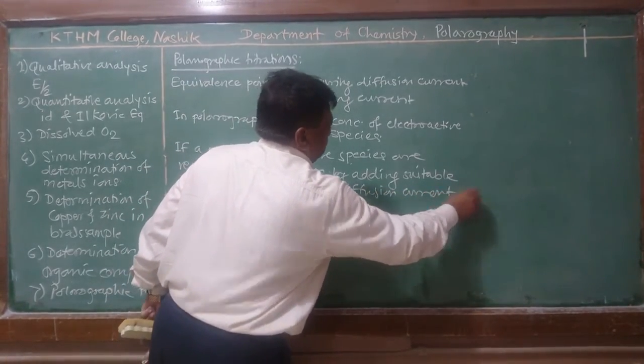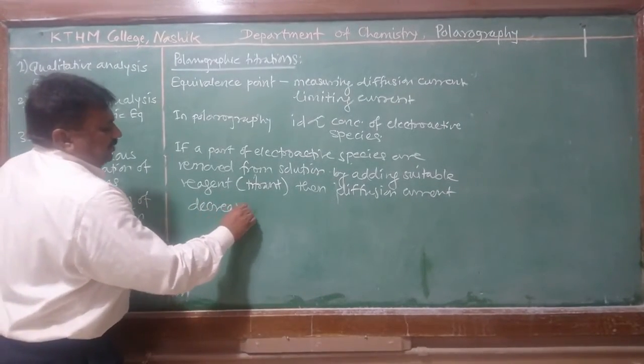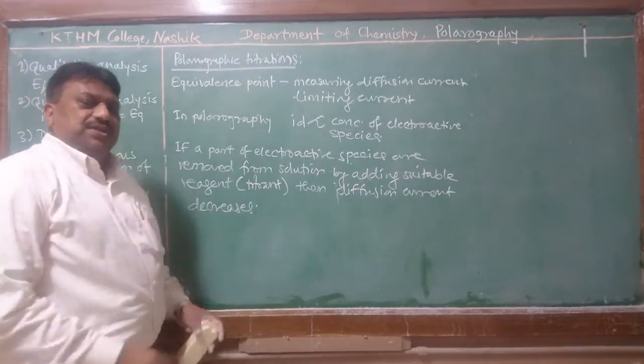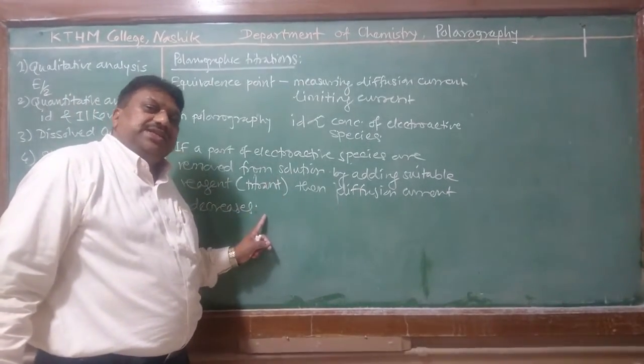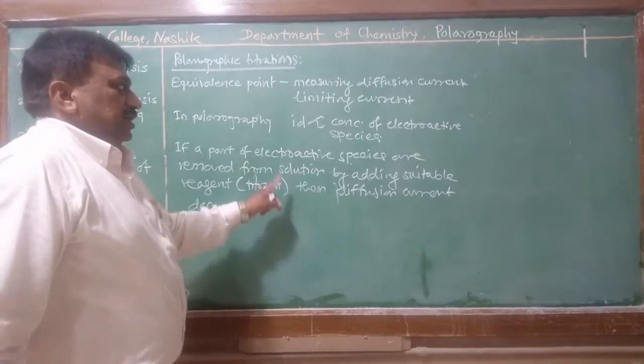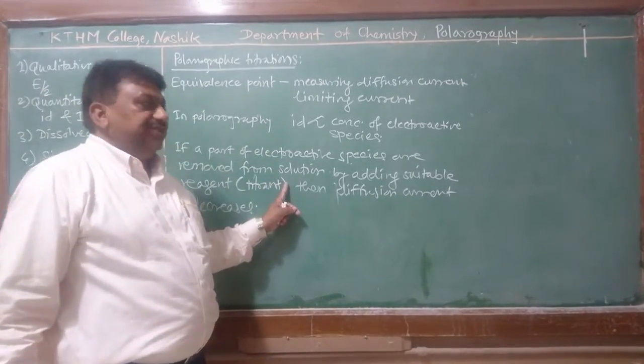And if the total species is removed, then diffusion current becomes equal to residual current. Therefore, this is the basis of a polarographic titration.